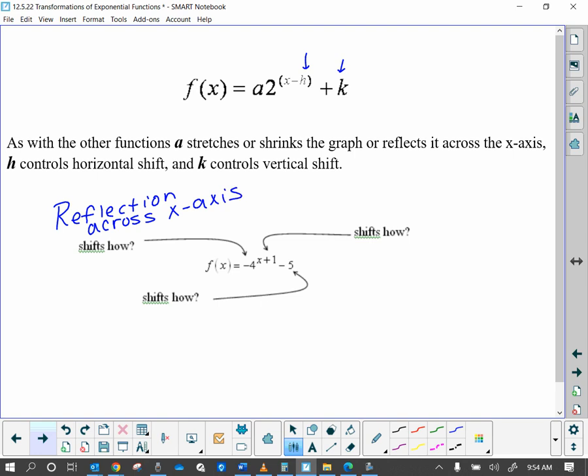And then it says -4 raised to the x plus 1 power. x plus 1, remember, if it's with the x, it's in the wrong direction. It's opposite of what you would think. So is that left or right? It's going to be left 1. If it's plus, it's left. If it's minus, it's right. So it's plus 1. So we're going to go to the left 1.